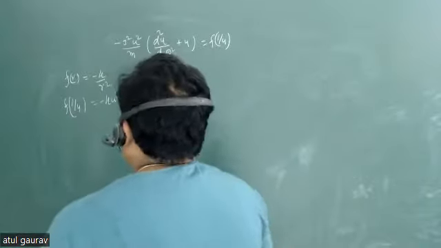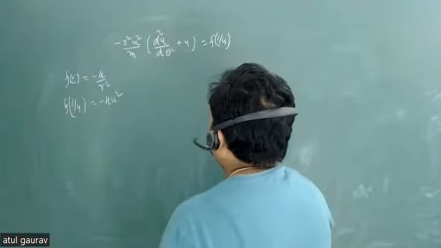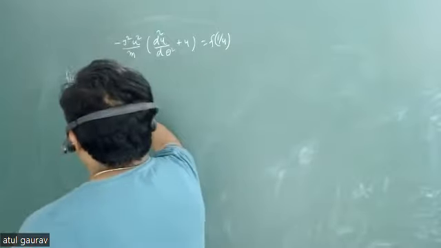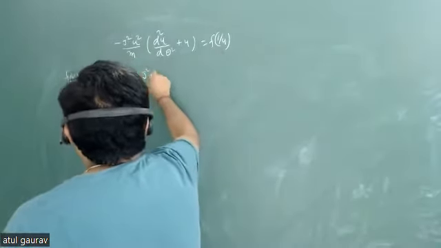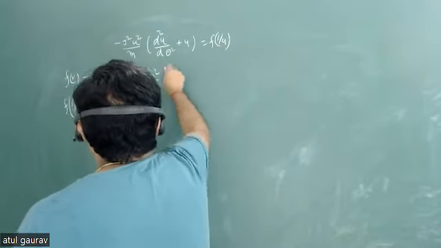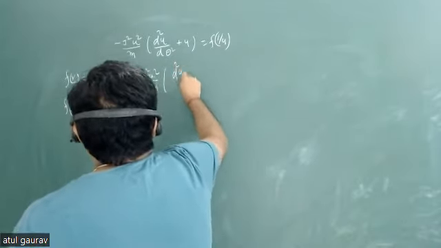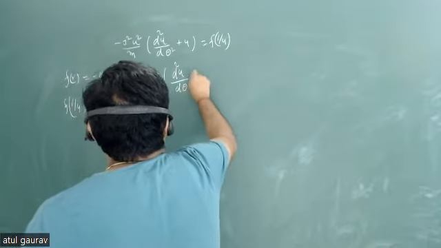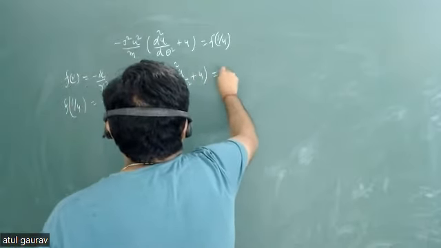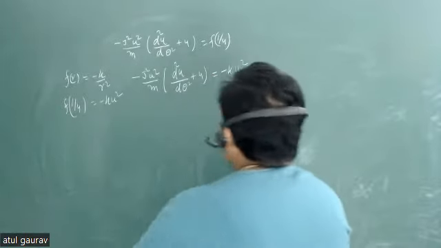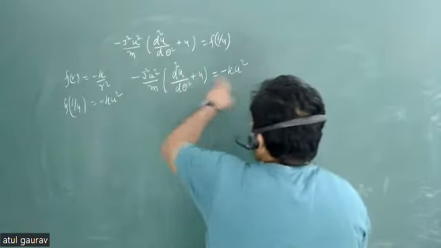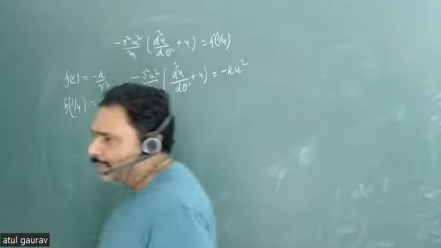So what we will do? We will put this in this equation. I will put minus k u square here. So what you will get? Minus j square u square upon m, d square u upon d theta square plus u is equal to minus k u square. So I can just equate the coefficient of u square on both sides.